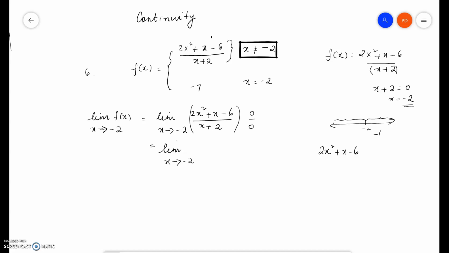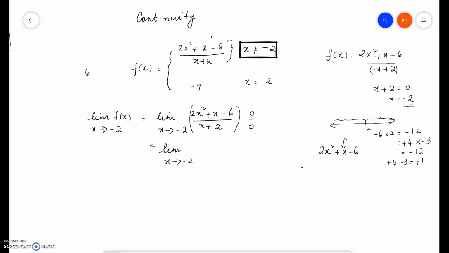Negative 6 times 2 is equal to negative 12. Also 4 times negative 3 is equal to negative 12, and plus 4 minus 3 equals plus 1, which is the coefficient of the middle term.